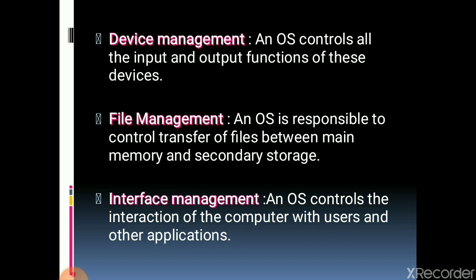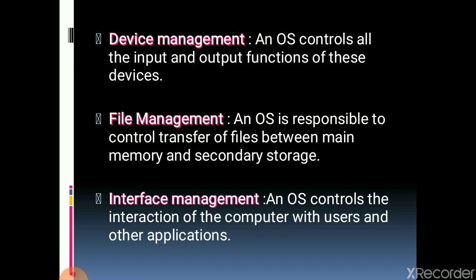Next one, file management. Here the operating system is responsible for controlling the transfer of files between the main memory, which is called RAM, and the secondary storage.